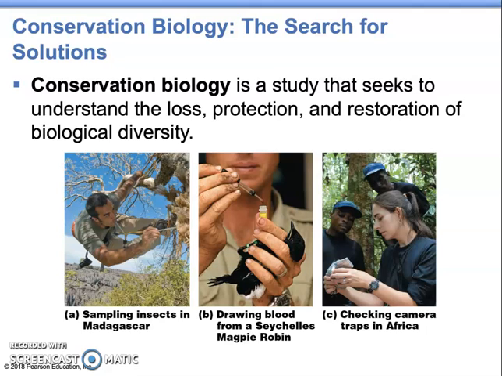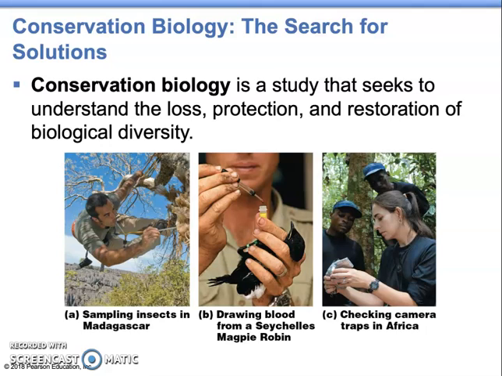Now, conservation biology is a study that seeks to understand the loss, protection, and restoration of biological diversity. This is the last part of Chapter 11. We've talked about what biodiversity is, why it is important, and some of the threats to it.